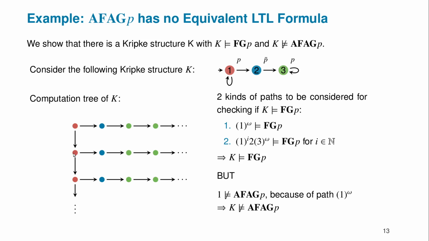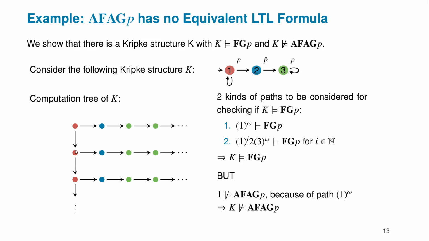If we are now here in this state, for example, or in this state, doesn't matter, and we want to check in this state after, for example, doing 1 step, leading again to a red circle, if always globally P holds.